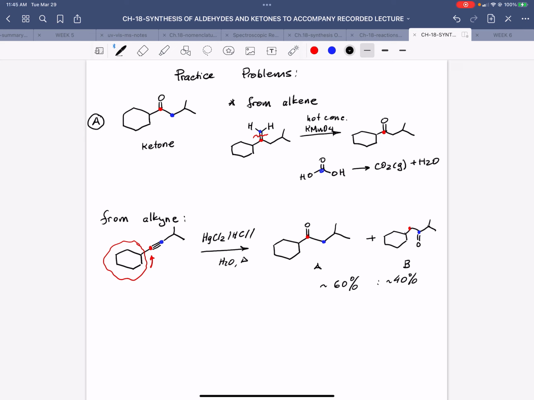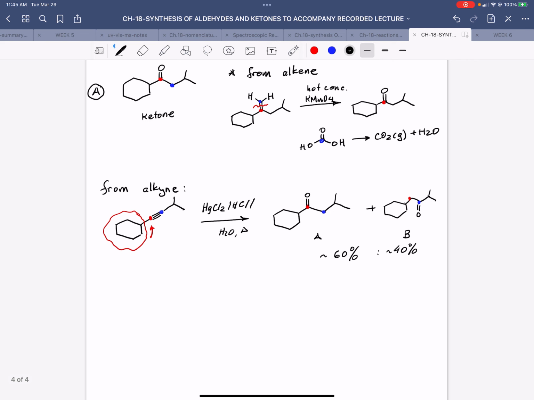But let's see if we can apply a different method here. Since I'm forming a ketone, I can start from the secondary alcohol, carrying hydroxy group on that reactive red position.